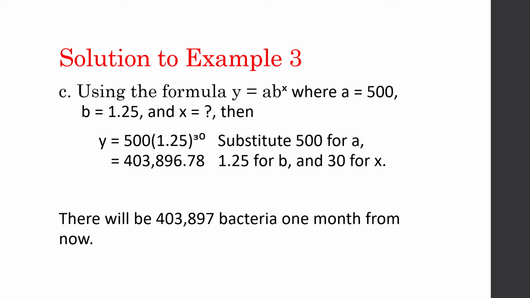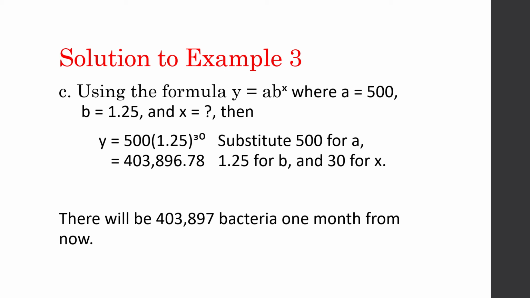So we are going to substitute 500 for a, 1.25 for b, and 30 for x. So the answer is 403,896.78. So there will be 403,897 bacteria 1 month from now.